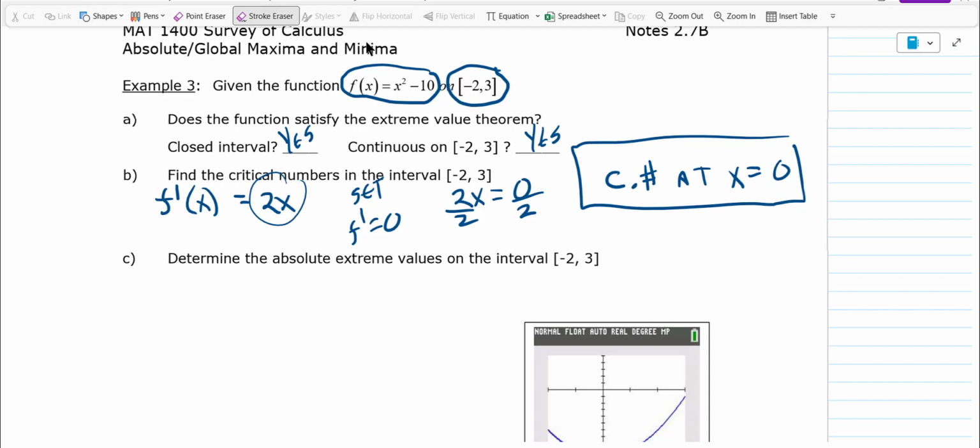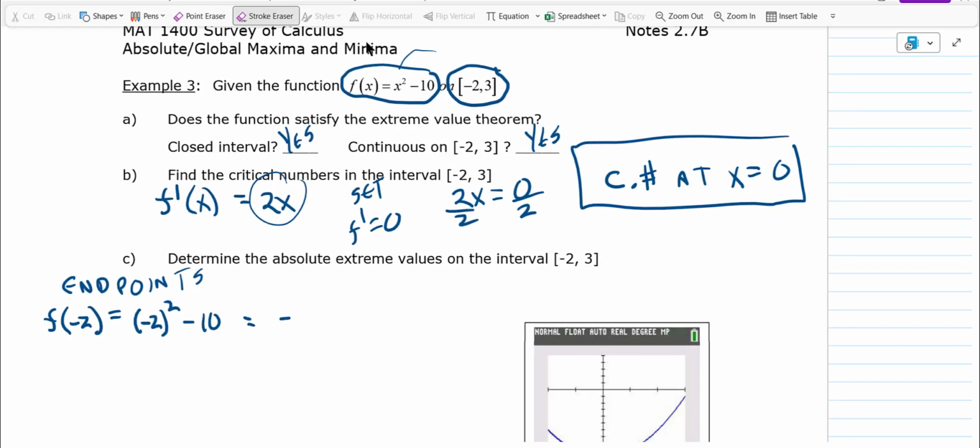Now here's what you do next. You work with the endpoints of the interval, negative 2 and 3, and you plug those into the original function. So we do f of negative 2: negative 2 squared minus 10.